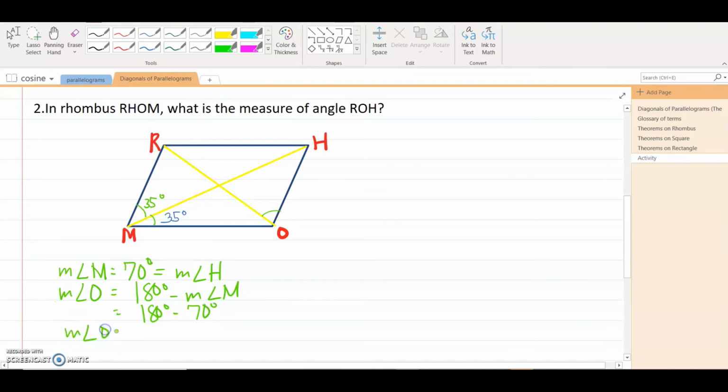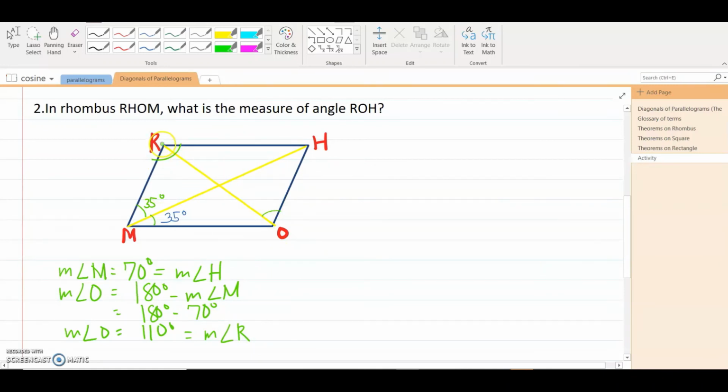So the measure of angle O is 110 degrees. So since the measure of angle O is 110 degrees, the measure of angle R is also 110 degrees, since O and R are opposite angles.